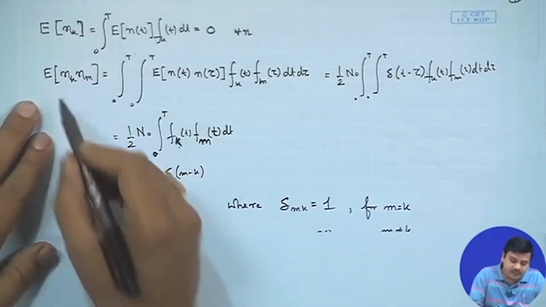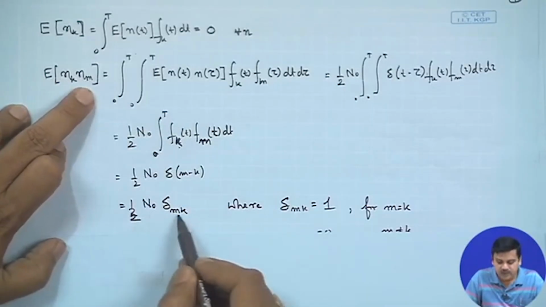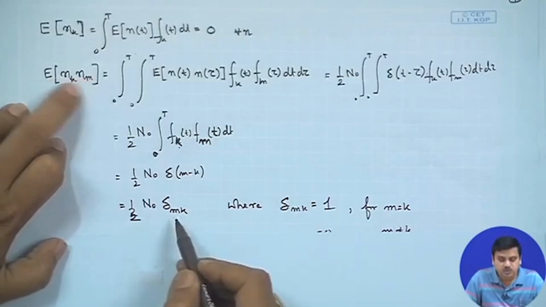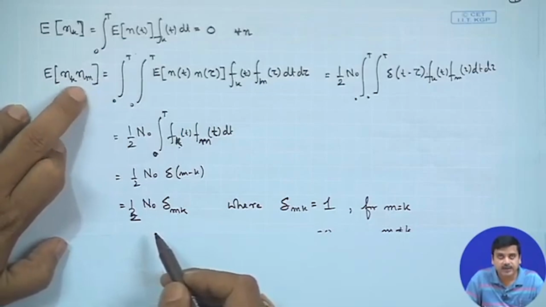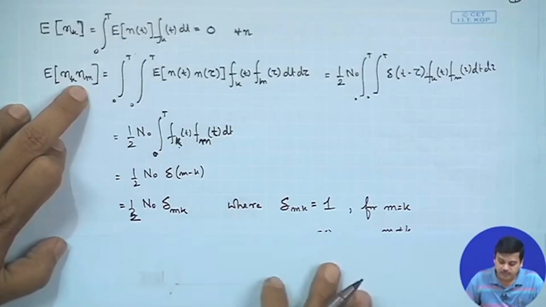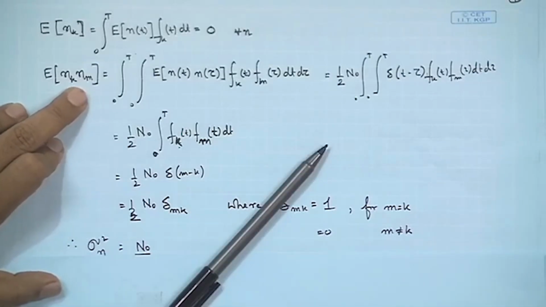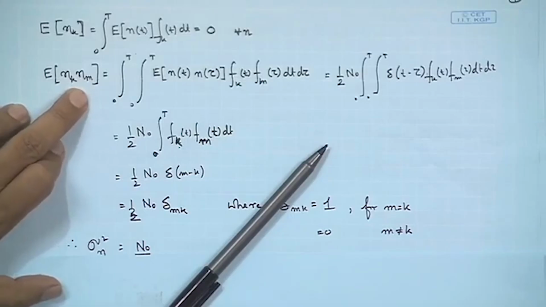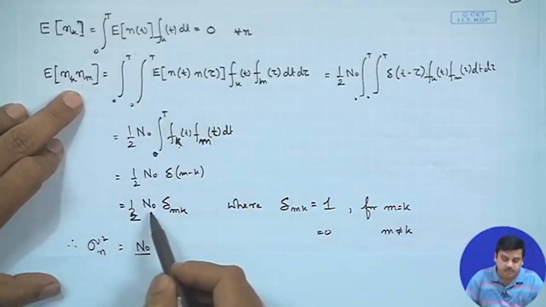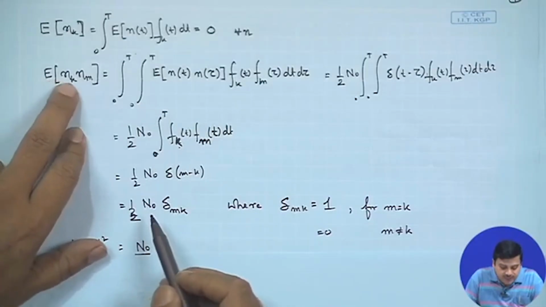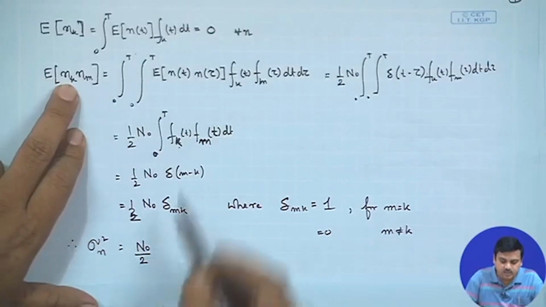So the correlation between the two noise components is half N naught delta m k, which means that these two noise components are uncorrelated with each other and hence independent, because we have taken Gaussian noise. Only for m equal to k is this value N naught by 2. So for E of n k squared, you have N naught upon 2; the variance is N naught upon 2 and the mean is 0.